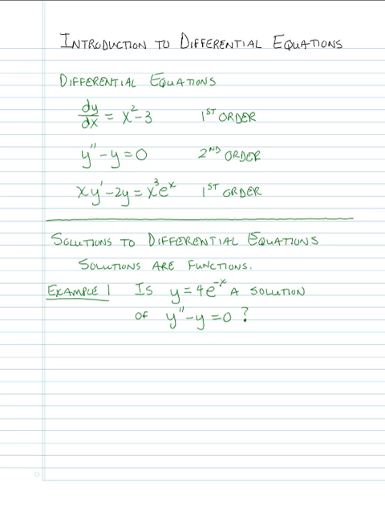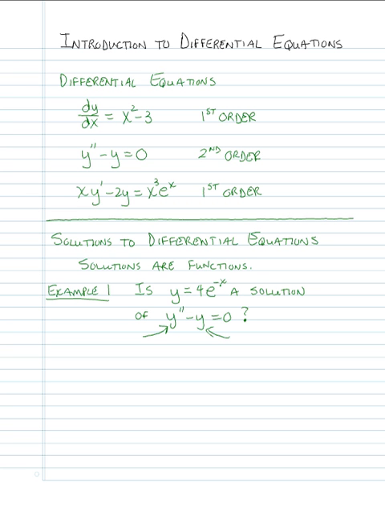So here's what we need to realize: if we want to know a solution of this differential equation, what we're really looking for is if we replace the parts of the equation, in other words, if we put the value of y double prime and we put the value of y, does it make the equation true? That's what, of course, it means to be a solution.